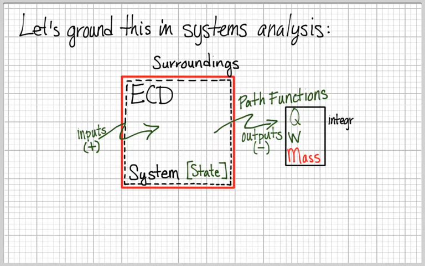Okay. Each one of these letters here, Q and W, are actually expressed mathematically as an integrated form. And we're going to be going back and forth in the coming weeks between integrated form and differential form expressions of energy exchange.